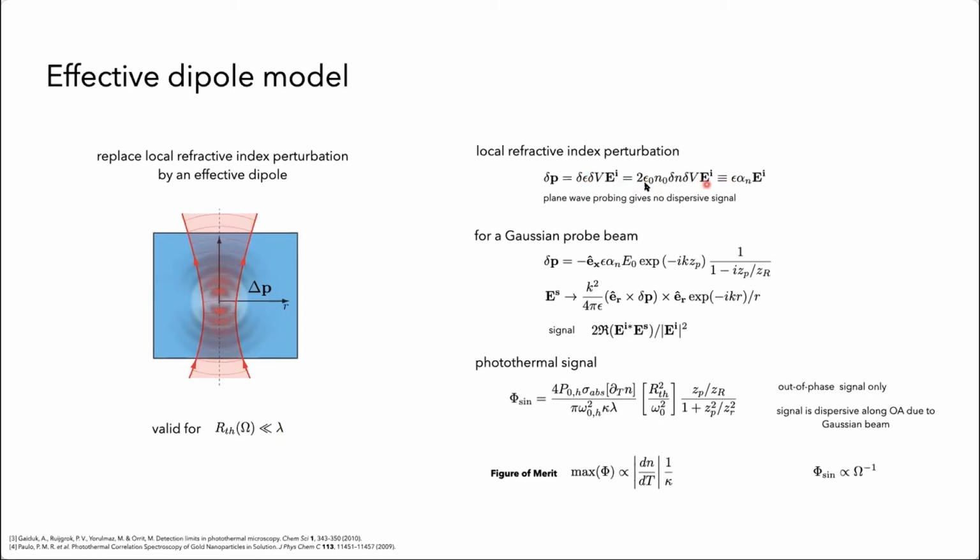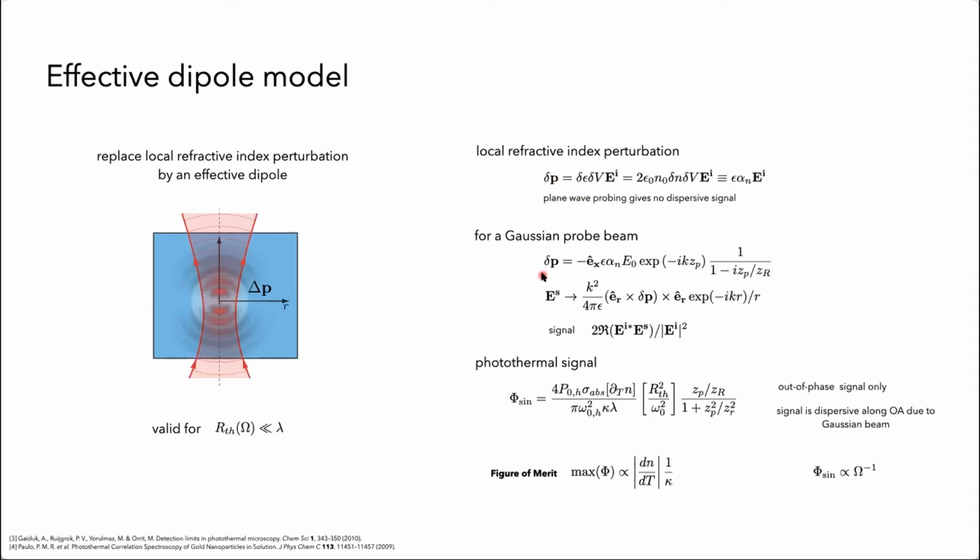And by definition, this expression should be the same as epsilon 0 times epsilon r times an effective polarizability of the dipole multiplied with the incident electric field, right? So this is the dipole you create.